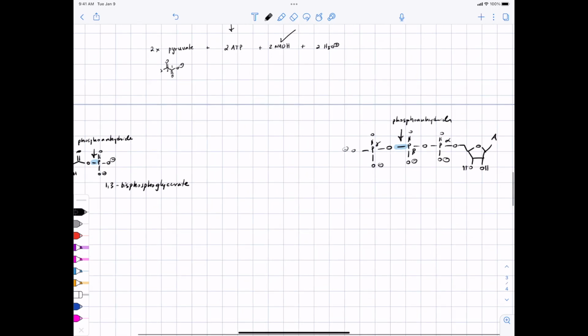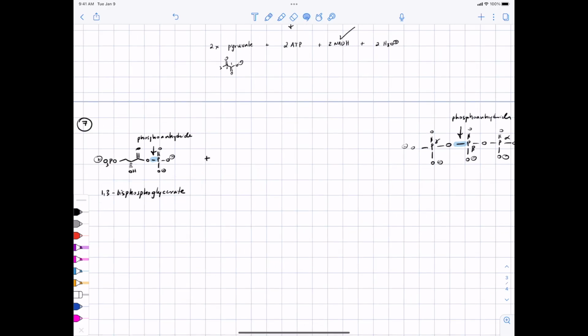Which means we're actually set up, because of the structure of bisphosphoglycerate, because that phosphate group on carbon 1, that phosphorus, is attached to a good leaving group, that is a carboxylic acid.